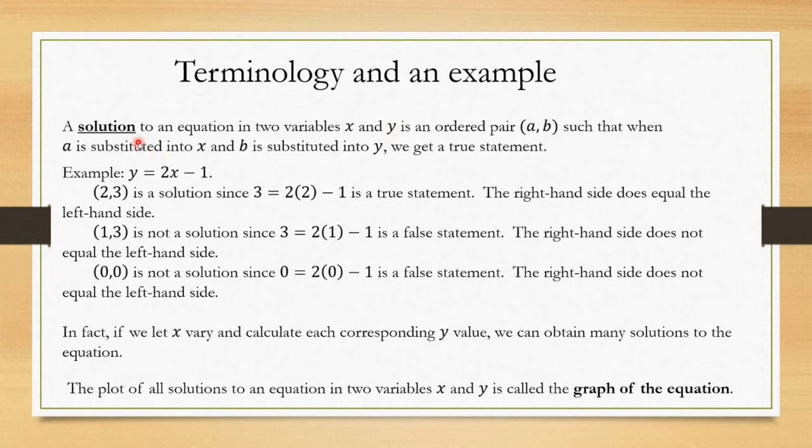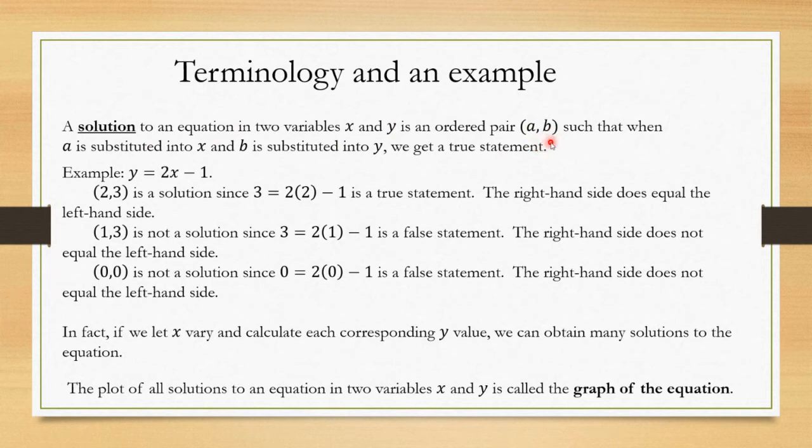Namely, a solution to an equation in 2 variables, x and y, is an ordered pair (A, B) so that when you replace x by A and y by B, the equation is a true statement. So you're not plugging in just numbers now.